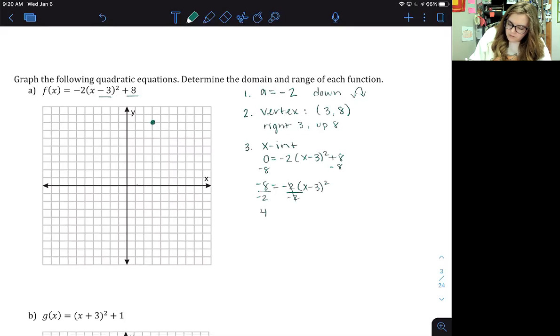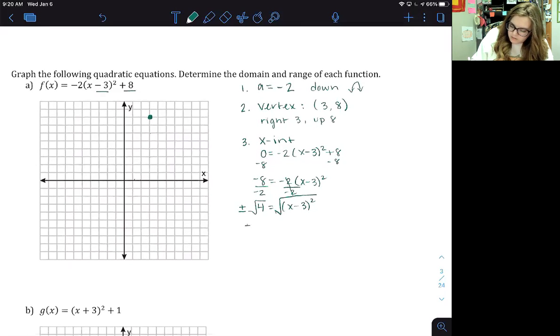So 4 equals the quantity of x minus 3 squared. And to get rid of a square, we're going to square root both sides. But remember, when we take the square root in an equation, we have to put plus or minus in front. So we're going to have plus or minus 2 equals x minus 3.